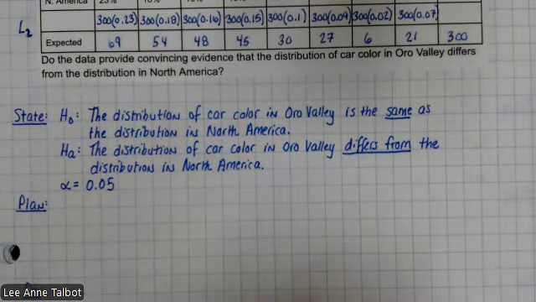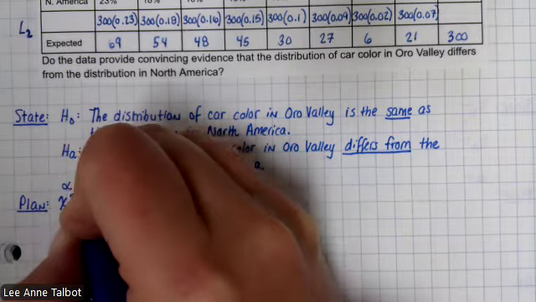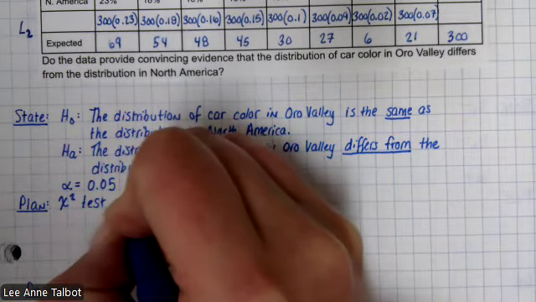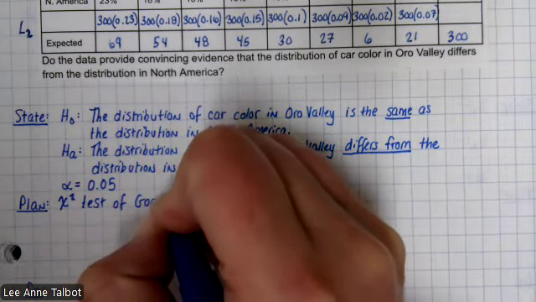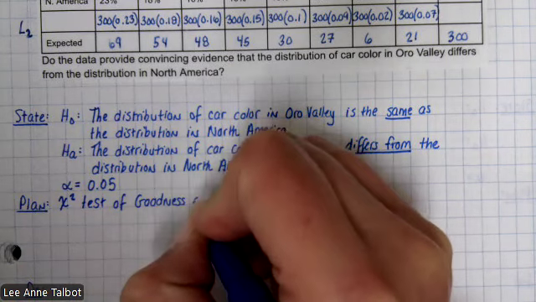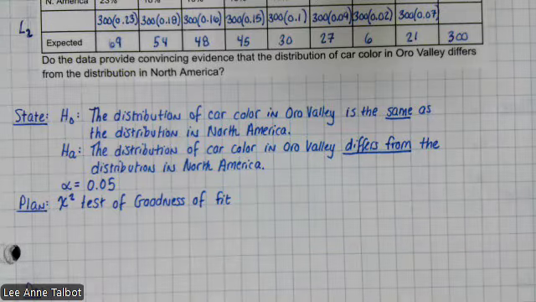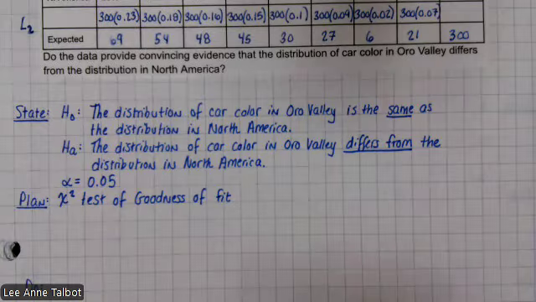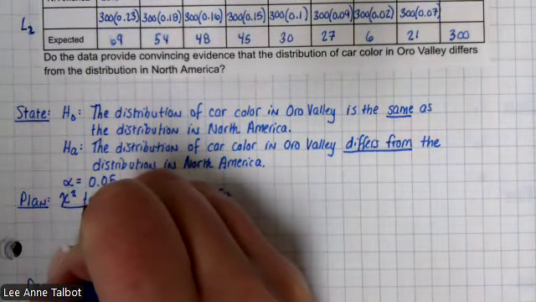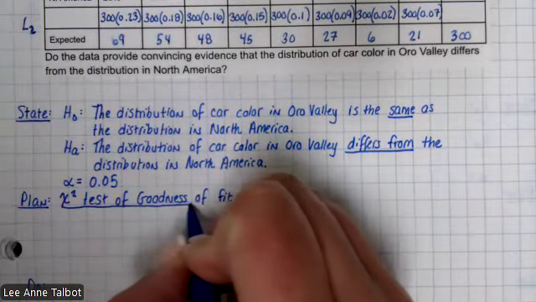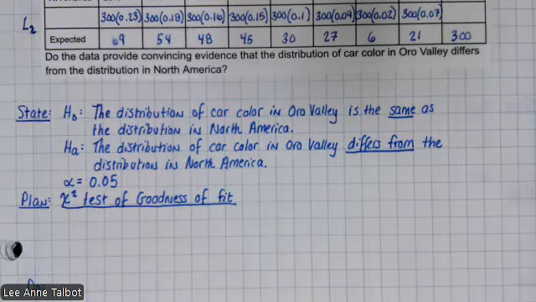Plan: chi-square test of goodness of fit. And this doesn't seem that challenging right now, but on Tuesday and Friday, I'm going to teach you two different chi-square tests from the goodness of fit one. And you need to be able to tell the difference.